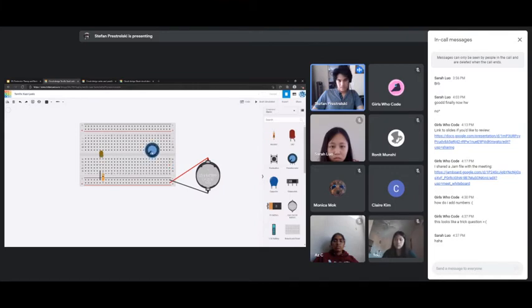Now, I need to demonstrate here. How do we use this potentiometer? Let's put it in there. We'll color that red. And ground will be colored black. And this third wire goes into our light.